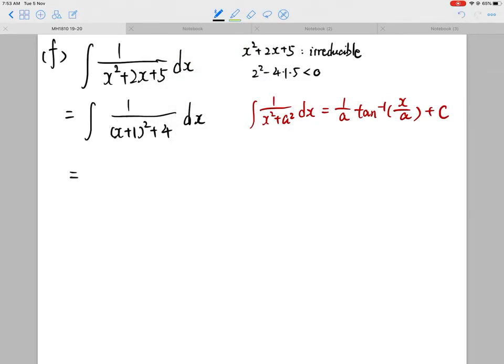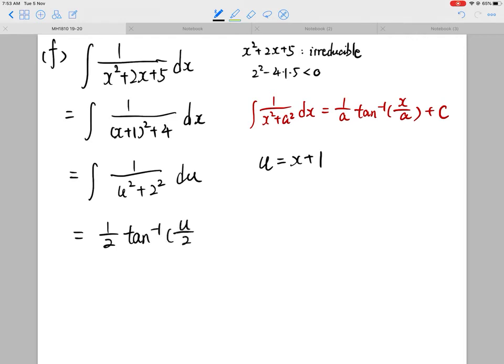So I can do a one-step substitution. Here it's u squared plus 4 du. Now I can apply the formula. It's 1 over 2 tangent inverse u over 2, plus c. A final step: just sub x plus 1 back.